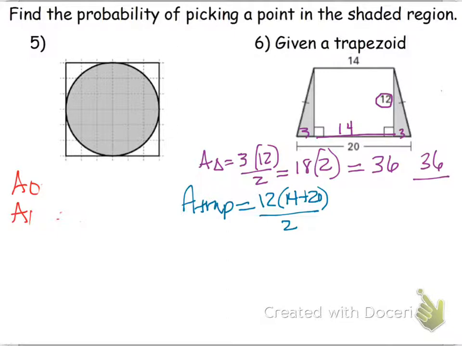If you do that, I think it's 204. Yep, so that's 204. So now I can take the part that was 36, that was the shaded part, divided by the whole, which is 204. And if I divide those, I get a probability of 17.6%.